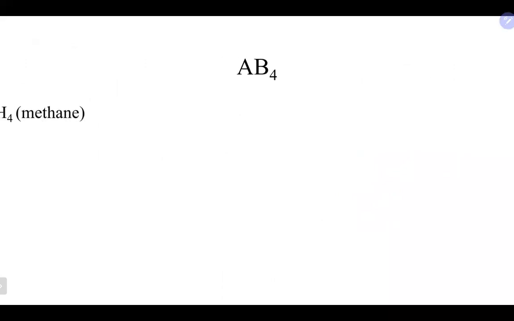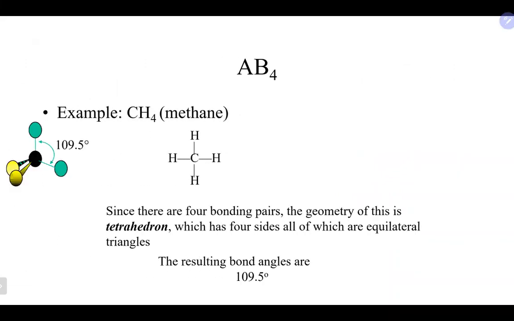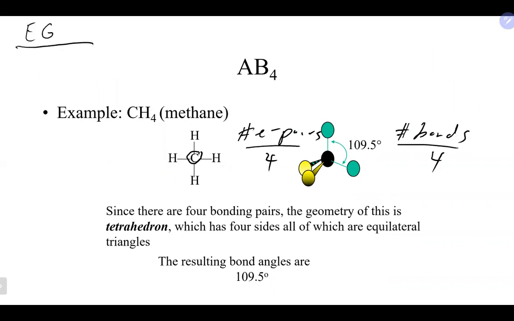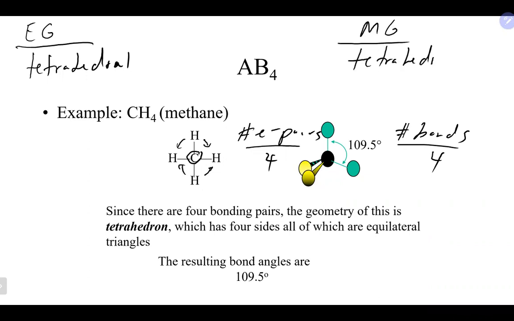The next example would be a central atom where we have 4 electron pairs and also 4 bonds. So number of electron pairs is 4. Number of bonds is 4. Something with 4 electron pairs, the electron geometry name is tetrahedral. And once again, in this case, there are 4 bonds. So these guys try to get away from each other, and we end up with a molecular geometry which is also known as tetrahedral.